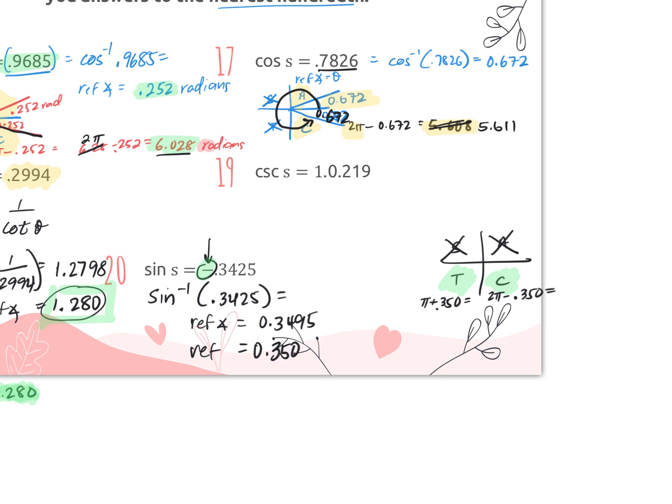When I do 0.350 plus pi, I get 3.492. And when I do 2 pi minus 0.350, I get approximately 5.933.